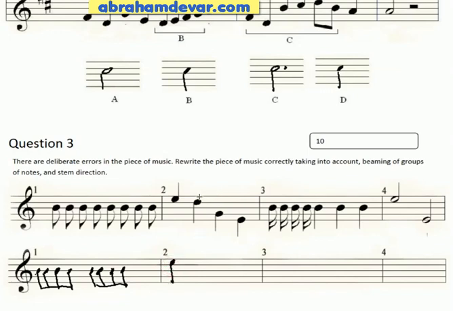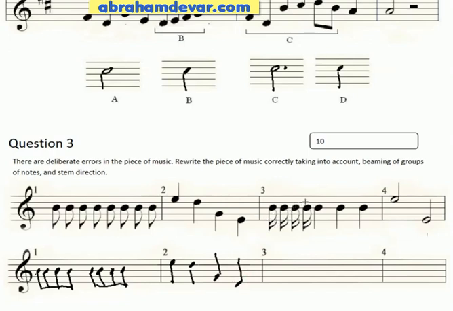Okay, that's fine. The stem direction for that G is incorrect. So let's just write the D. Okay, that's fine. Go to the G and point that upward, instead of down. The E will point up as well.